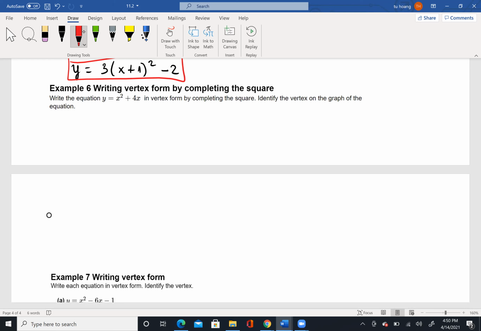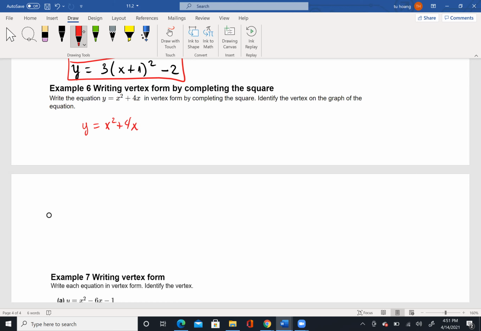So in order to do that, you will start with y equal to x squared plus 4x first, right?